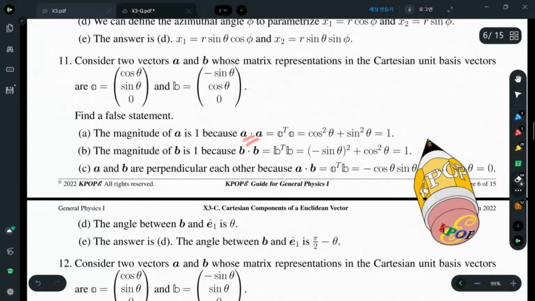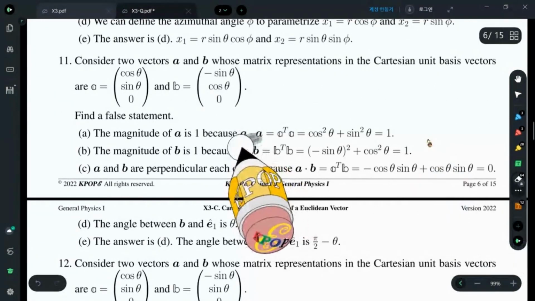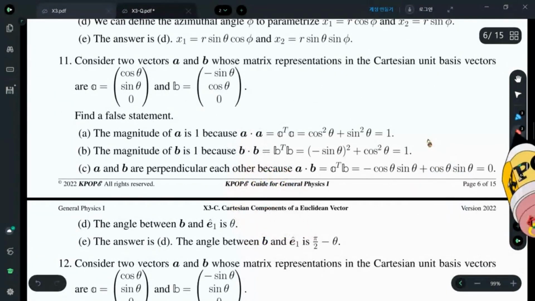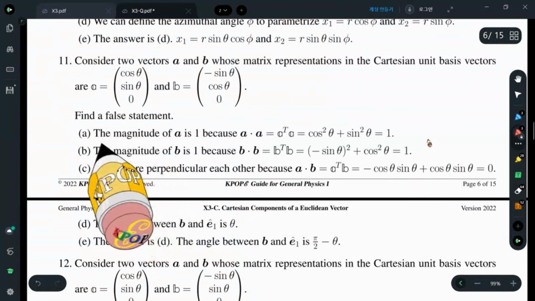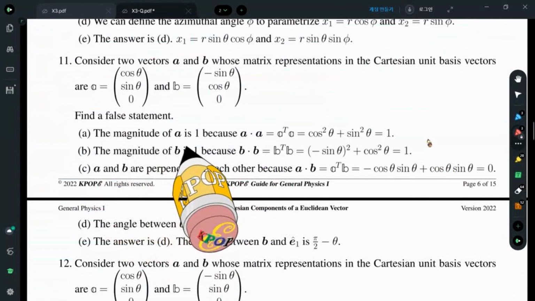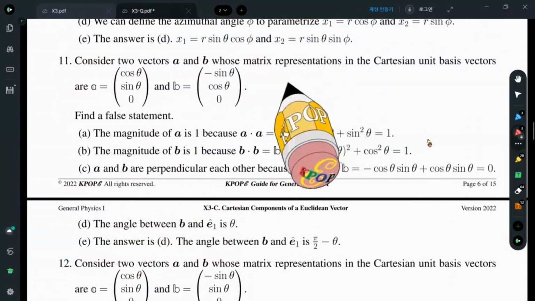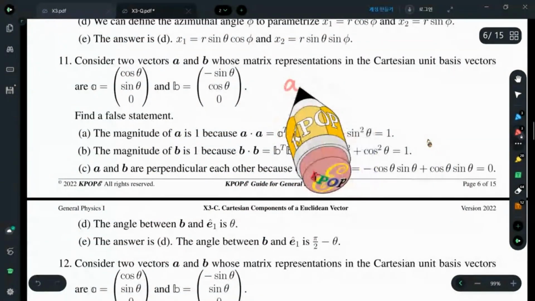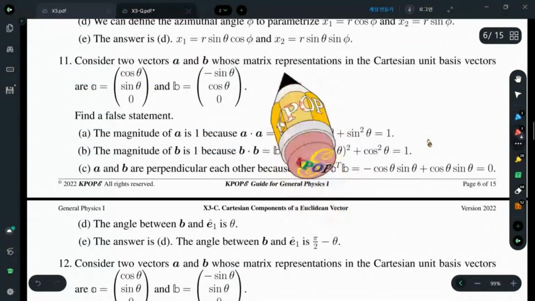Consider two vectors A and B whose matrix representation in the Cartesian unit basis vectors are given. So the magnitude of A is 1. This is just A1, A2, A3, right?